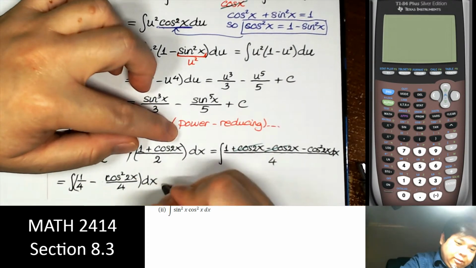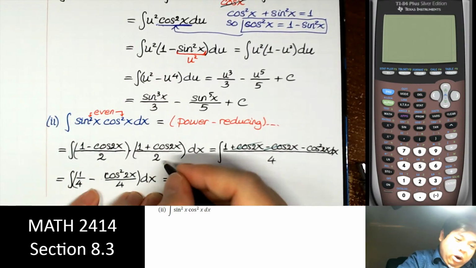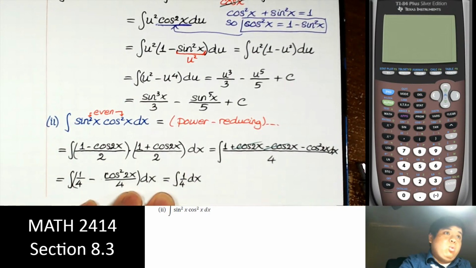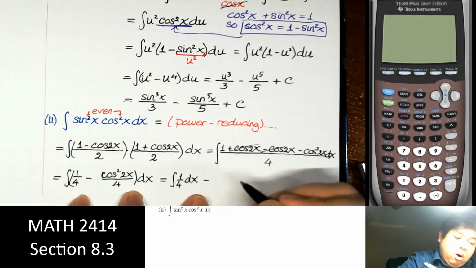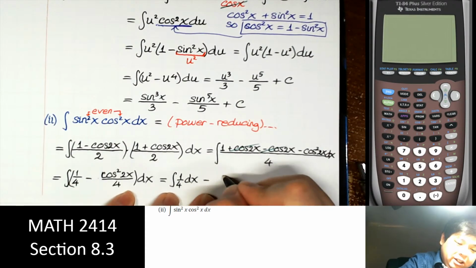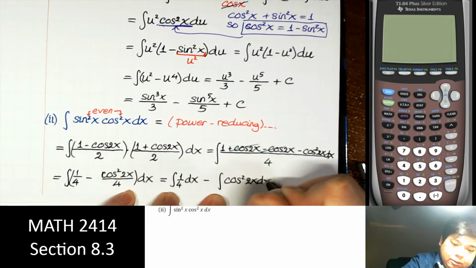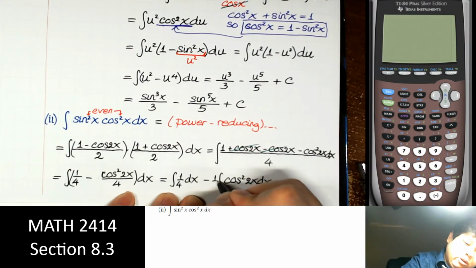Now, we have the integral of 1 over 4, which is just 1/4 x. And then the other one we will have the integral of cosine square. And that's 1/4.